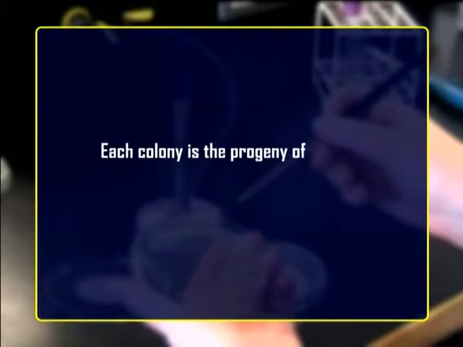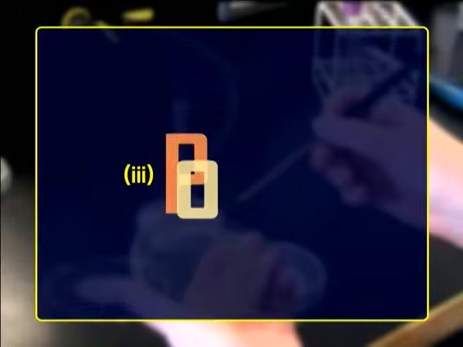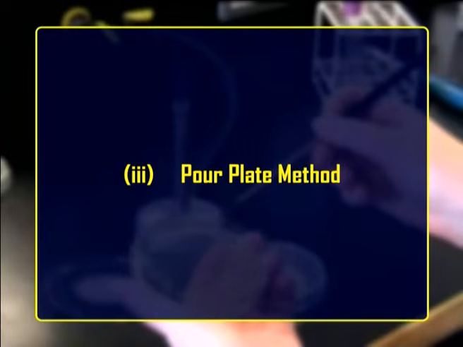Presumably, each colony is the progeny of a single microbial cell, thus representing a clone of pure culture. Such isolated colonies are picked up separately using a sterile inoculating loop or needle and re-streaked onto fresh media to ensure purity. The third important technique employed to produce pure culture is the pour plate method.